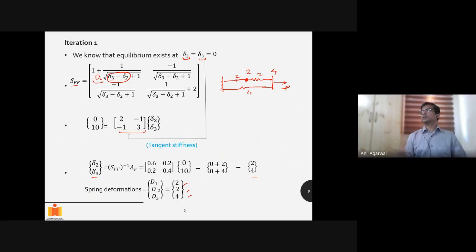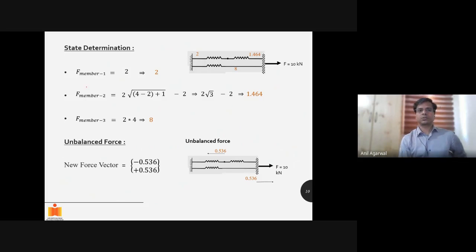Which step was that? This was state determination. After solving the system, I go into the state determination. State determination requires first calculating the internal deformations, then converting internal deformations to internal forces. The first and the third springs are linear springs. This one has a stiffness of 1, so a deformation of 2 means the force is also 2. This spring has a stiffness of 2, so a deformation of 4 represents a force of 8.